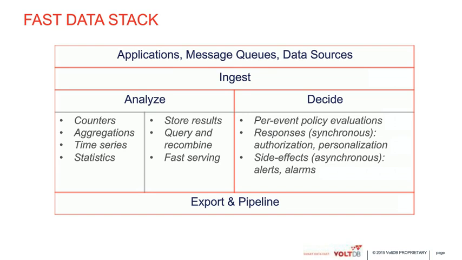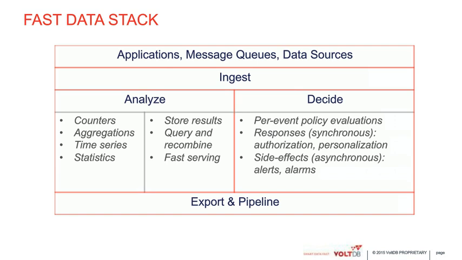One is the requirement to calculate analytics, to actually calculate and produce the counters, aggregations, time series, and statistics that are needed. And then secondly, to serve those results, to make those results interactive and queryable by applications that require them.